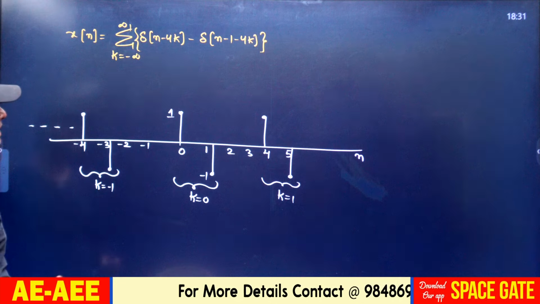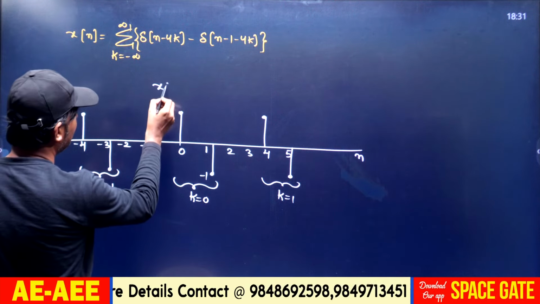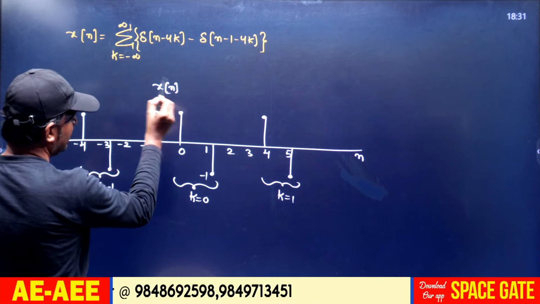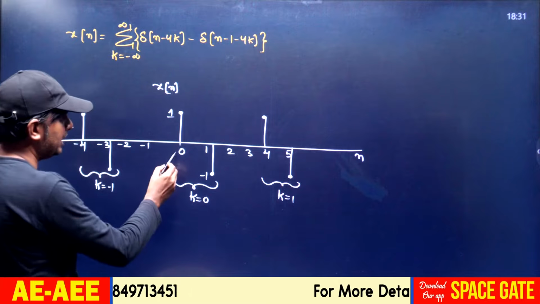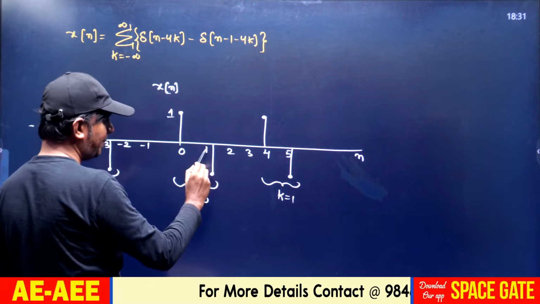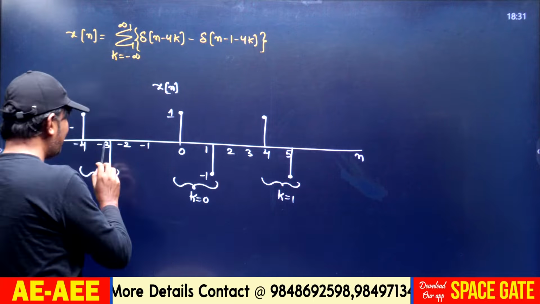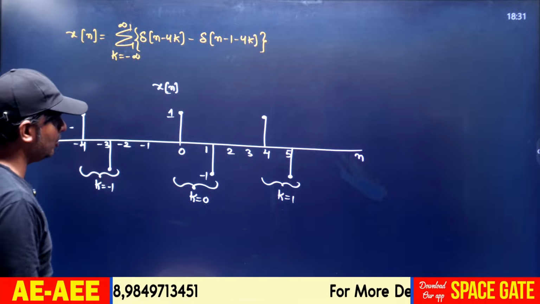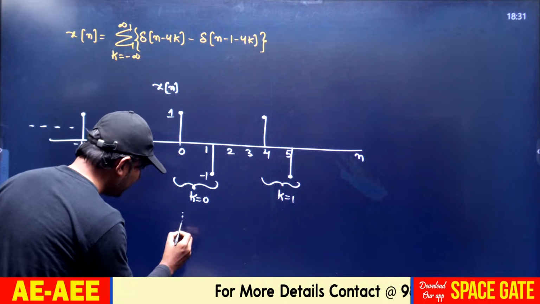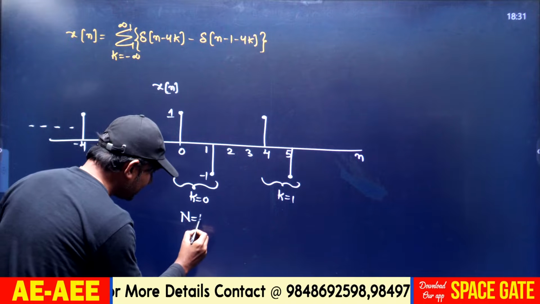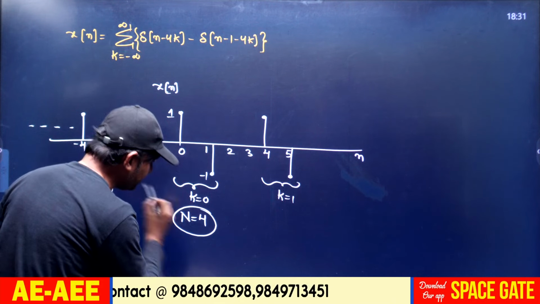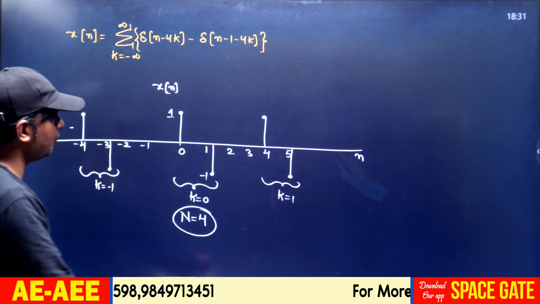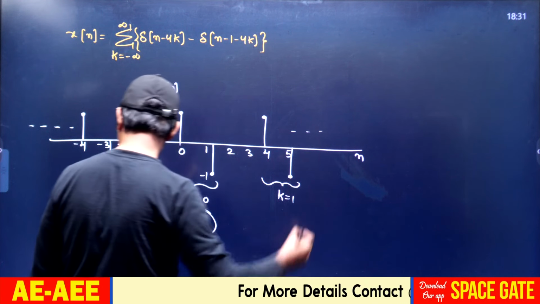Now observe the periodicity. This is our signal x of n. The shape at 0 is repeating at 4, or the shape at 1 is repeating at 5, the shape at minus 3 is repeating at 1, or the shape at minus 4 is repeating at 0. So from the shape of the signal, I can say that the given signal is periodic with period N equal to 4.